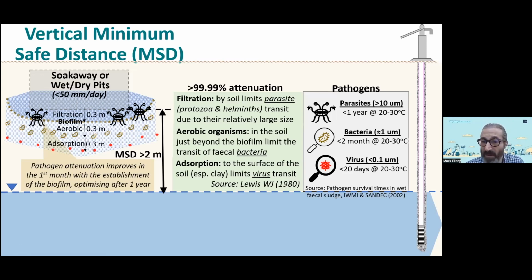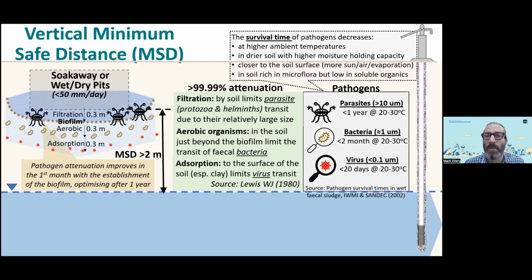While the viruses can last up to 20 days in a wet condition, here, as we do have a dryish zone that's established underneath the biofilm, their survival time will be significantly less than those 20 days. The survival time of pathogens in the Pacific, we have quite a conducive situation for the reduction of pathogen survival lives.